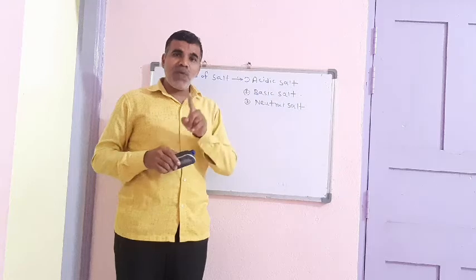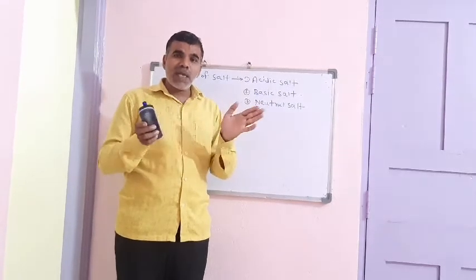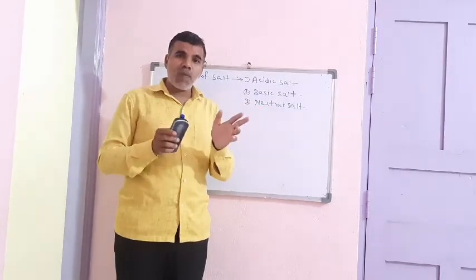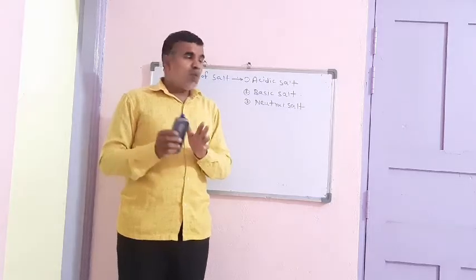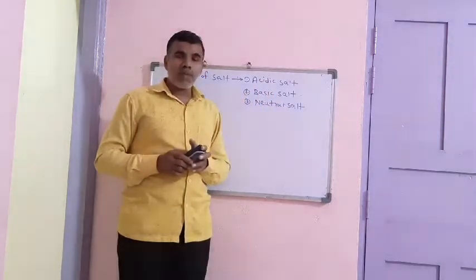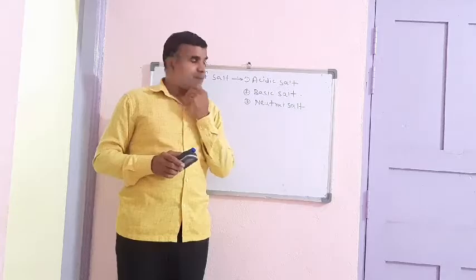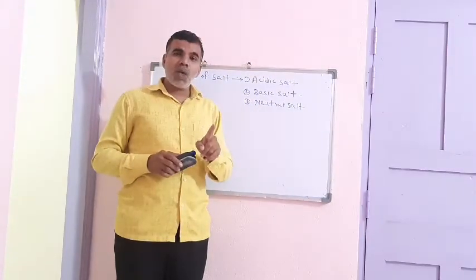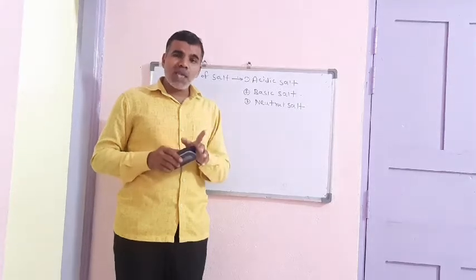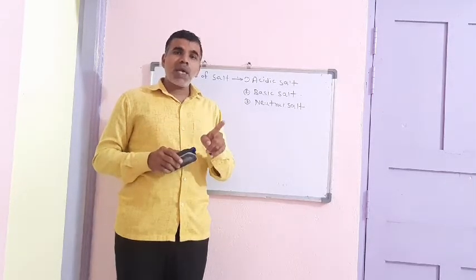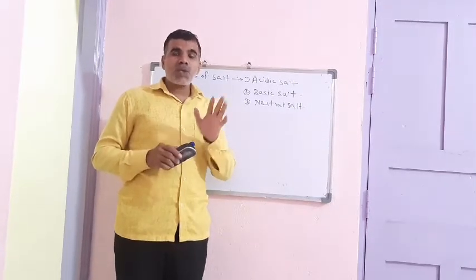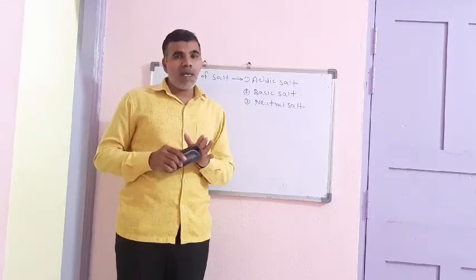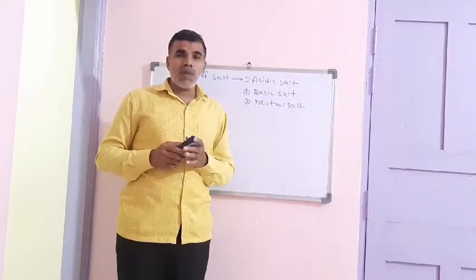We get the basic salt. Number 3, neutral salt. A neutral salt is formed by neutralization reaction of strong acid and strong base. स्ट्रॉंग ऍसिड आणि स्ट्रॉंग बेस आपल्याला मिळले की त्यापासून न्यूट्रल सॉल्ट मिळतात.